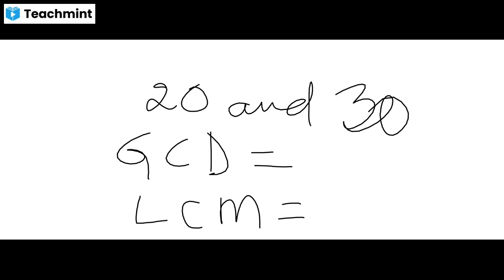Apisana said the GCD of 20 and 30 is 10. What about others? Zirtuanga says the GCD is 10 and the LCM is 60. This is a big classroom.